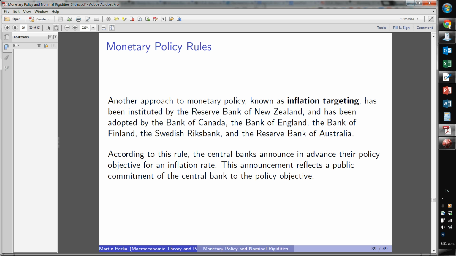All right, so inflation targeting is another policy that central banks use as opposed to the Taylor rule. It was invented in New Zealand, but it's used around the world, explicitly or implicitly, by very many central banks.